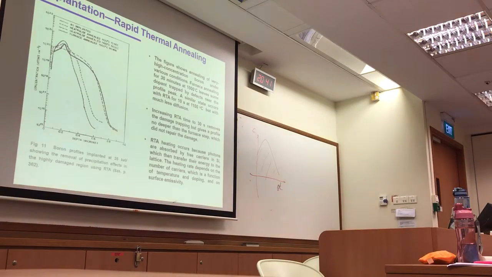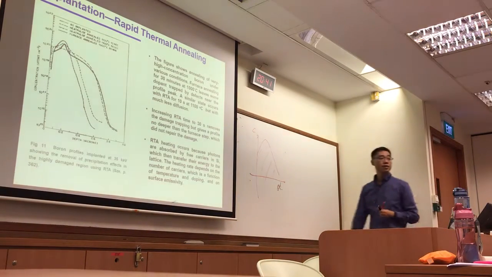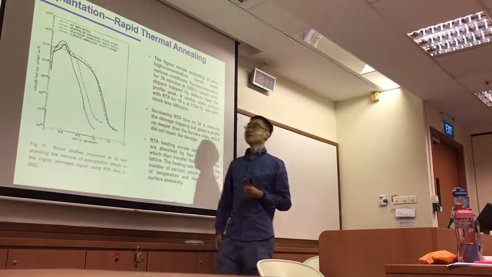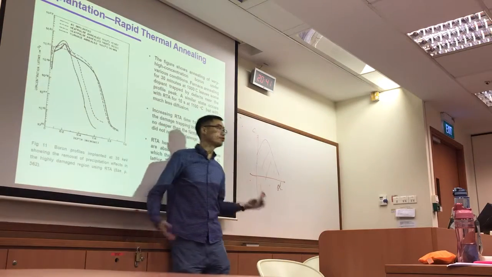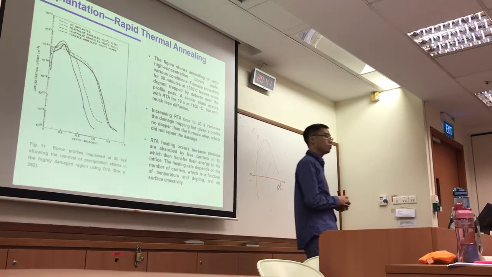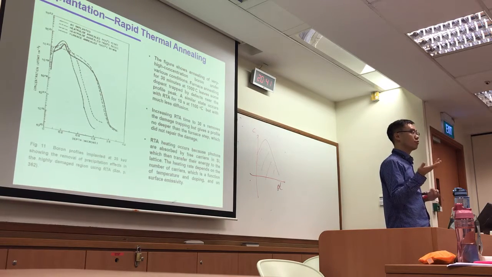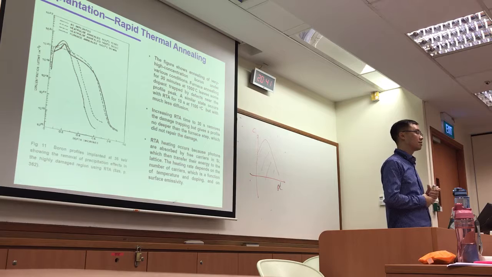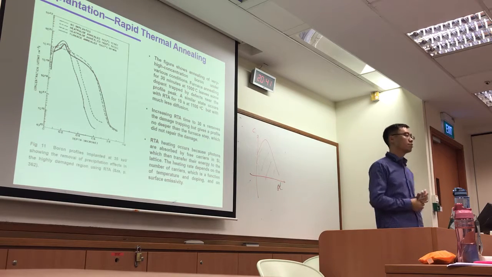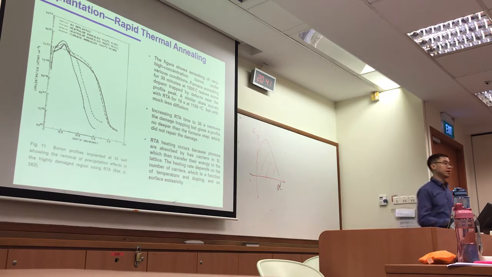For example, you use high temperature, you use longer time, you may reduce your damage, correct? You reduce more of your damage. You also increase your activation. You have more dopant in the substitutional site.